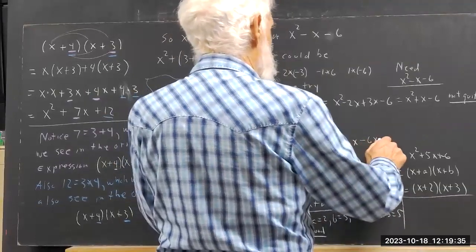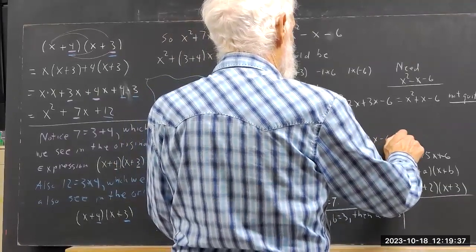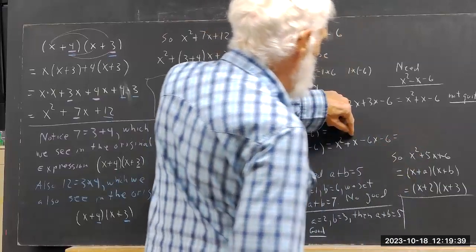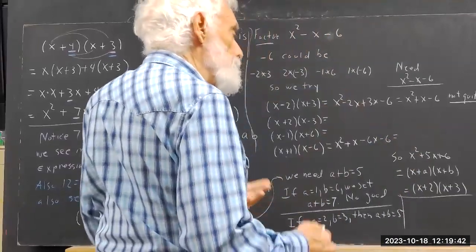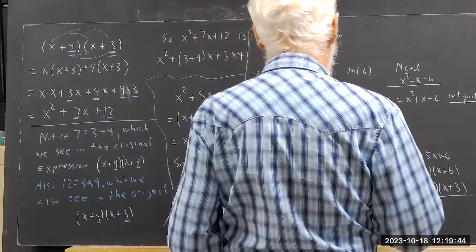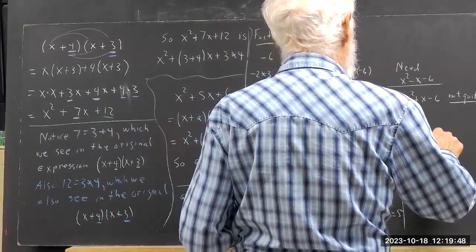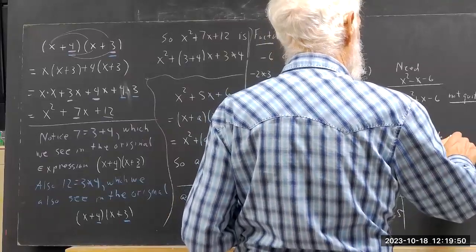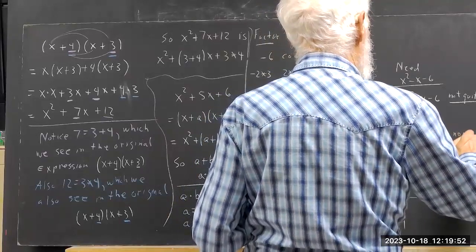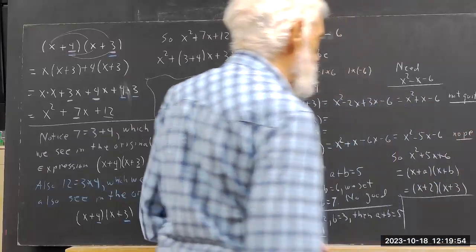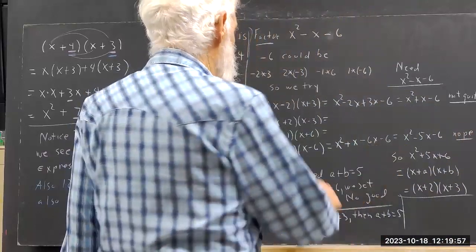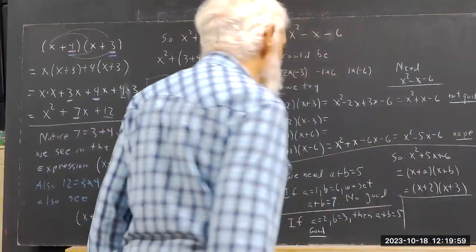And 1 times minus 6 is going to give us minus 6. Well, x minus 6x is minus 4x. No, it isn't. It's minus 5x. I'm going to put a note down by that one. That one didn't work out.